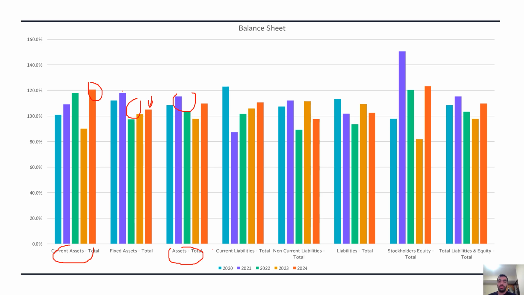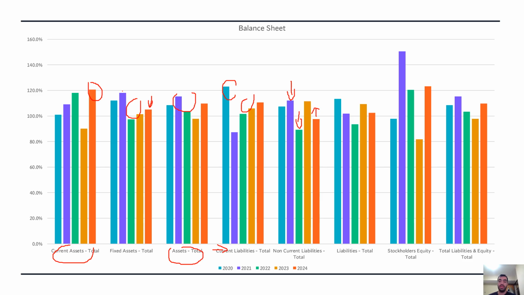If we look at the current liabilities, they are consistently rising and showing growing short-term obligations. The non-current liabilities, on the other hand, fluctuate, peaking in 2022, dipping in 2023, and slightly increasing again in 2024.